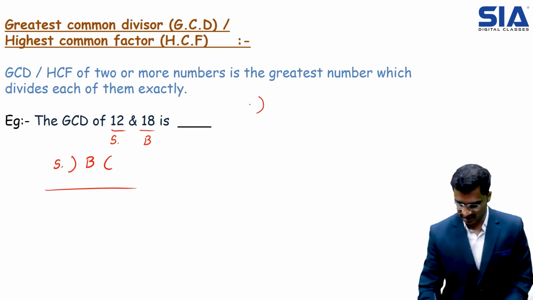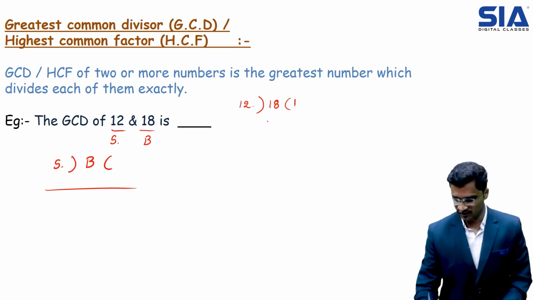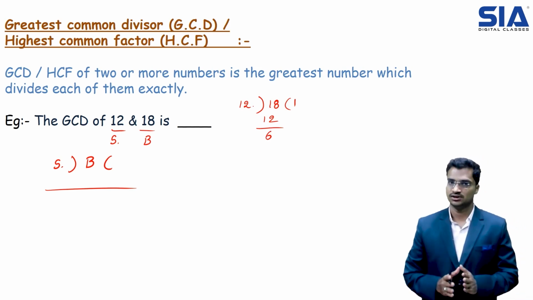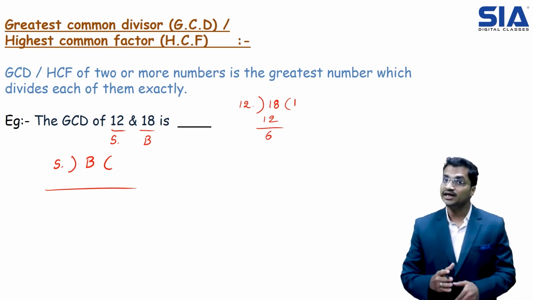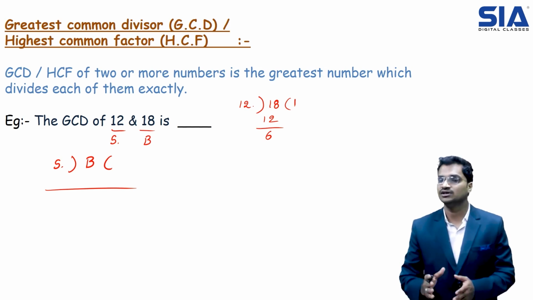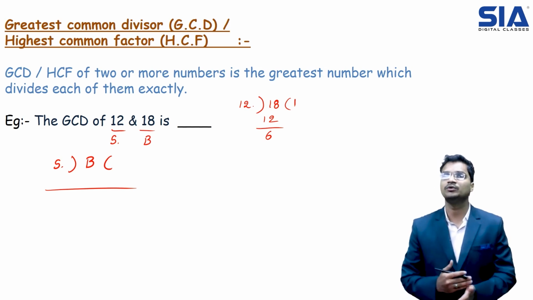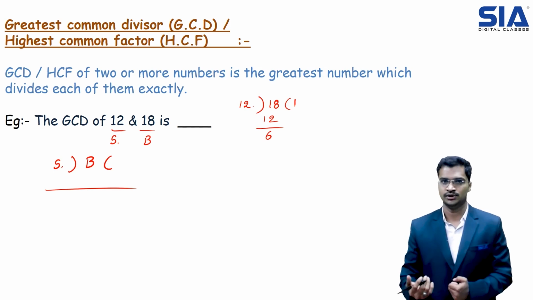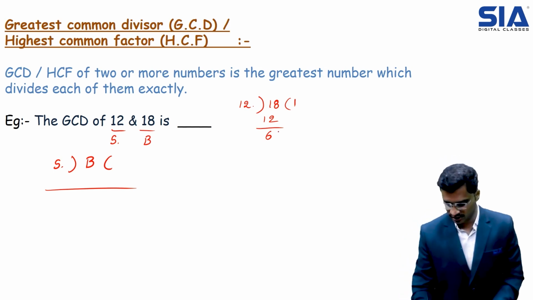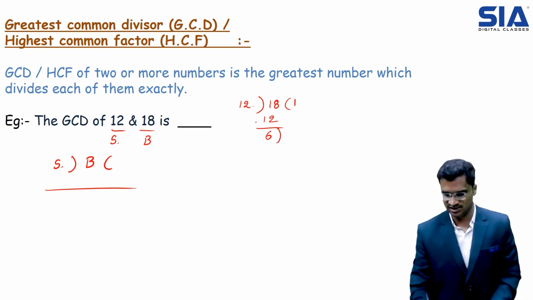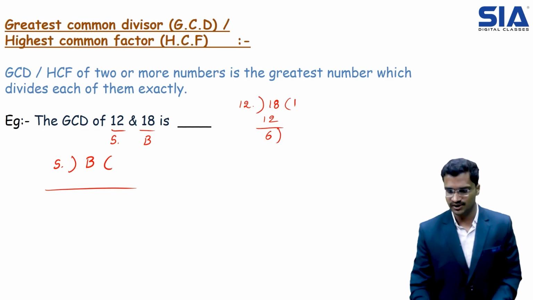So here the bigger number is 18. The smaller number is what? 12. Okay. So 12 ones are 12. Now I am left with a remainder of 6. Whenever we are left with any remainder except 0, we have to continue our division in the same way, such that now 6 will be the divisor and 12 will be the dividend.